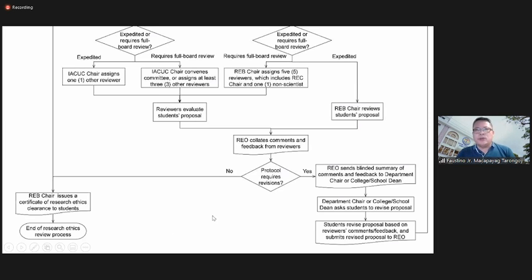Okay, if you receive comments for your proposal that need revision, then you have to do the revision. You're given a number of days to comply with the revision. And once you finish your revision, you resubmit your application.